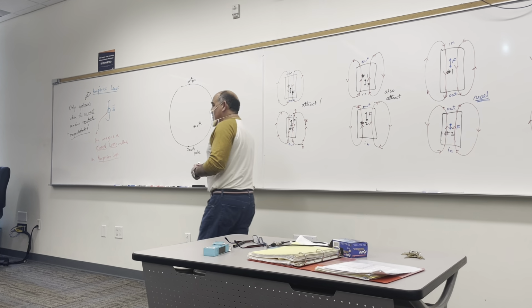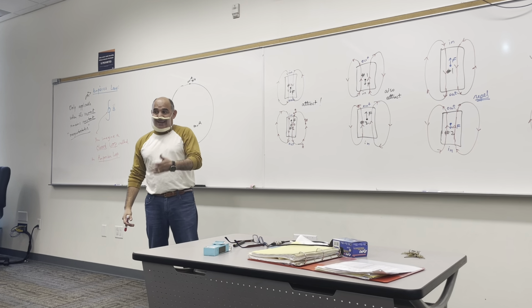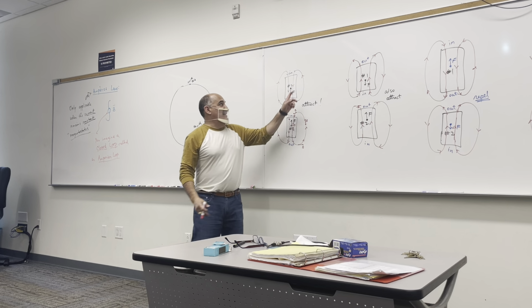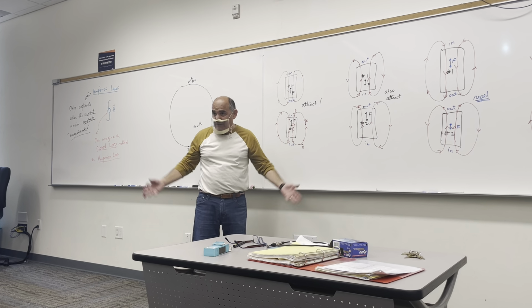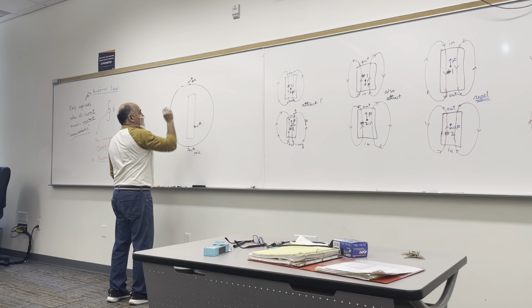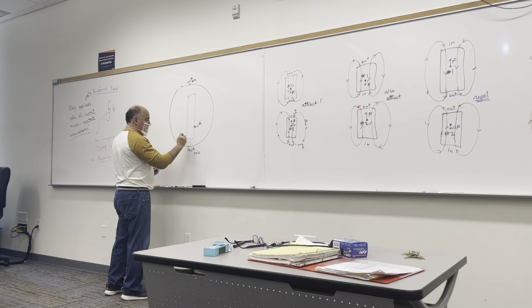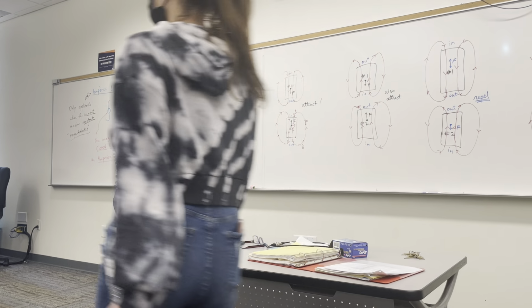And the Earth has a magnetic field as if it has the same profile outside of it as if it has a bar magnet stuck inside of it. It doesn't have a bar magnet stuck inside, but the magnetic field, right, is like this. As if you had a bar magnet, and the magnetic field of the Earth, I'll use a different color, comes out of here, wraps around planet Earth, and goes back in.